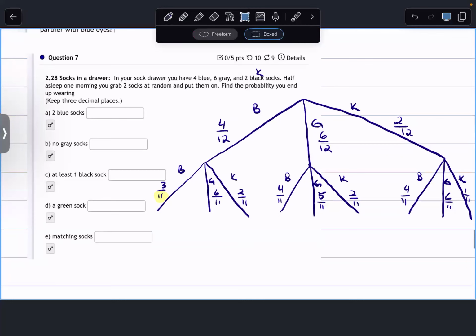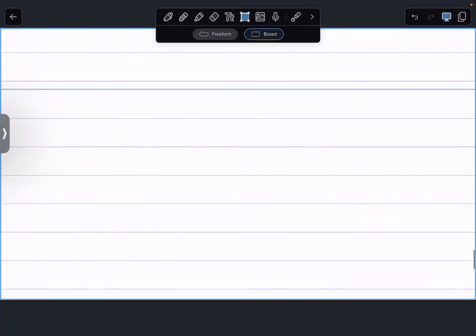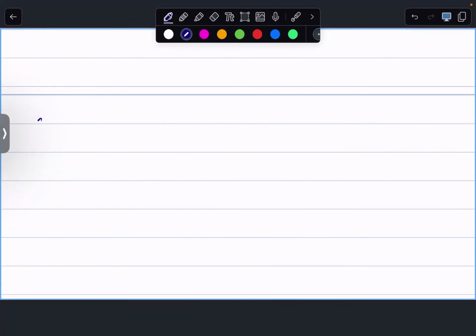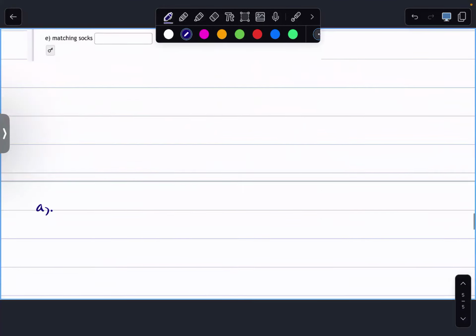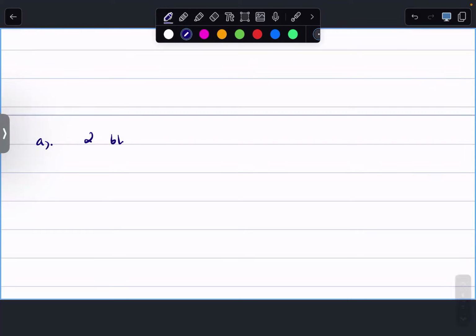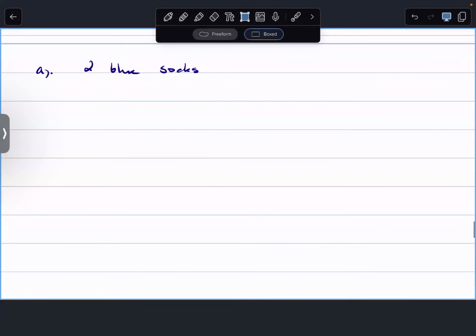And let's see here. I wonder if I can just copy this. So for part A, 2 blue socks. Will it copy?